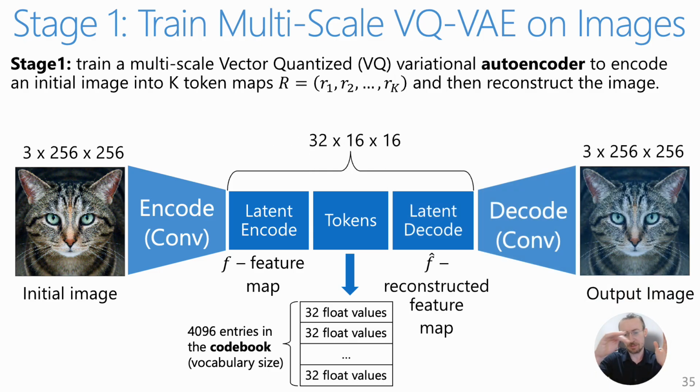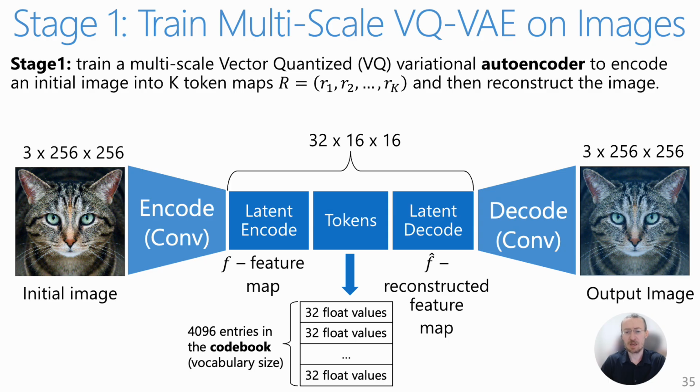Then we have this reconstructed feature map. How do we reconstruct the feature map? Ultimately we operate on the index from the codebook. Once we identify all the tokens for the feature map, we only keep the index of each token, and we don't store the whole entry from the codebook. However, if we have the tokens, for example if we generate these tokens, then we go to the codebook and replace each token with its specific entry, and this is the reconstructed feature map.